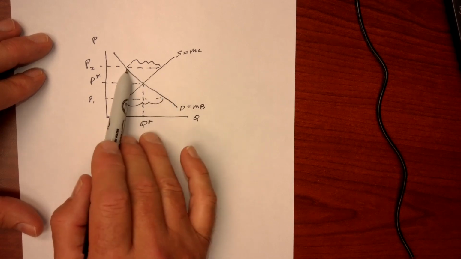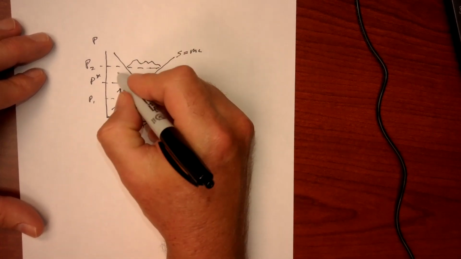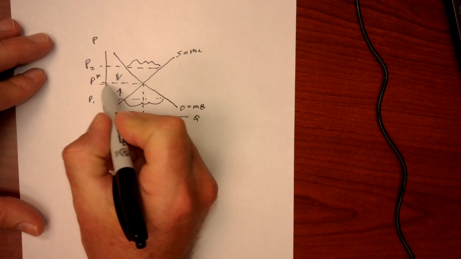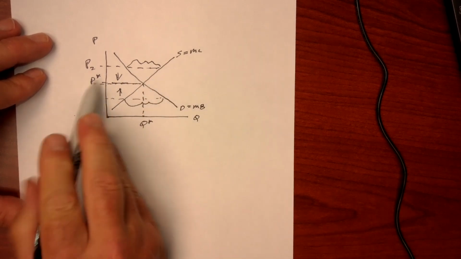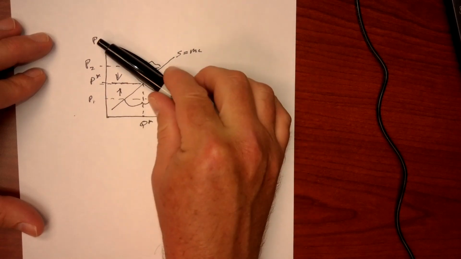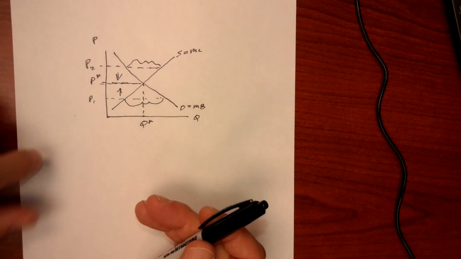In other words, if they find that they've priced a product too high and it causes a surplus, guess what? They're going to want to lower the price in order to get rid of that surplus. In other words, P star is equilibrium price based on the supply and demand argument. In other words, looking at it from the angle of prices.